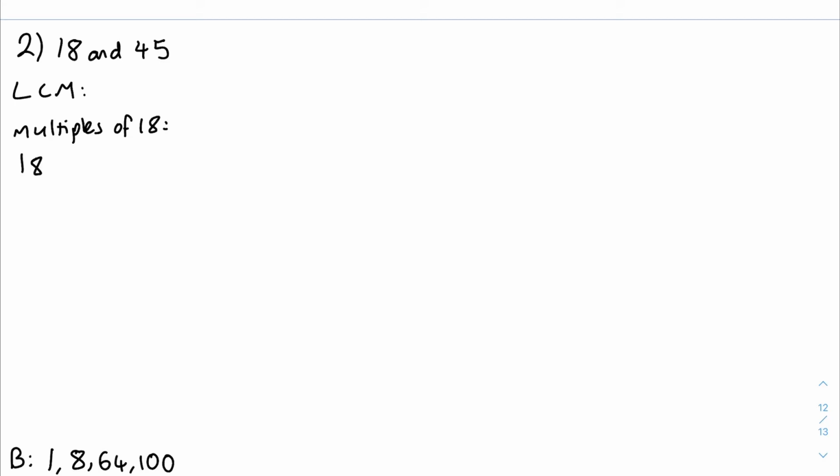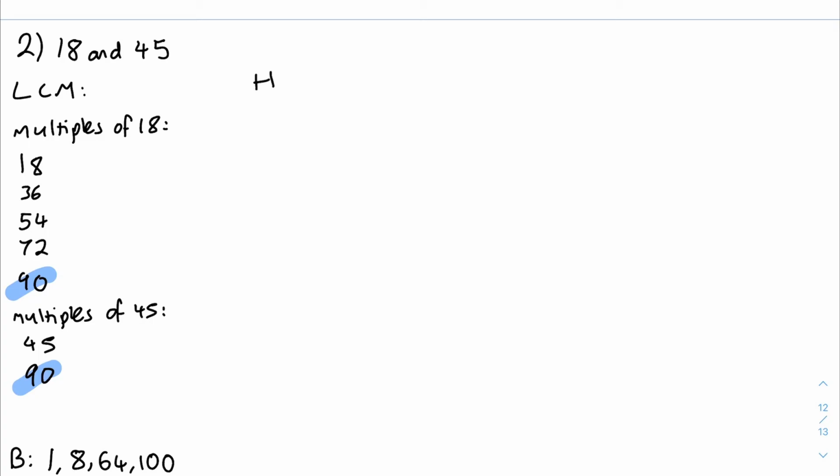We have 18, 36, 54, 72, and 90. And because we've been thinking about multiples of 45, we know that the next multiple of 45 is going to be 90. So multiples of 45, we go 45 and then 90. So that is going to be our lowest common multiple.